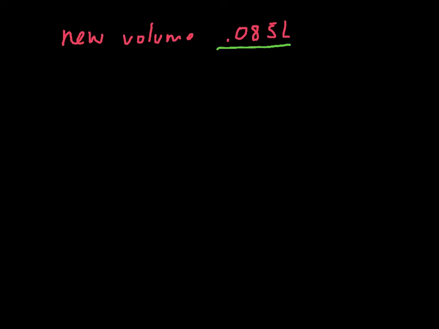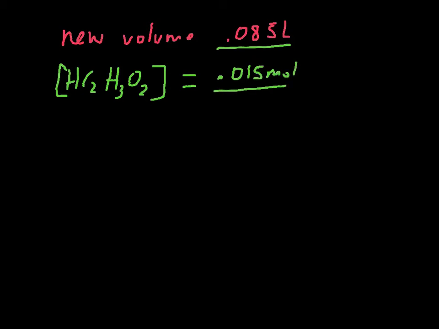So to do these calculations, the calculation for my new concentration of HC2H3O2, I screwed that up, so let's go back. From my calculations on the other page, it was 0.015 moles, now divided by the 0.085 new volume, giving me 0.176 molar of the acid.